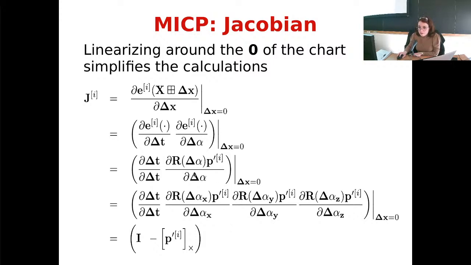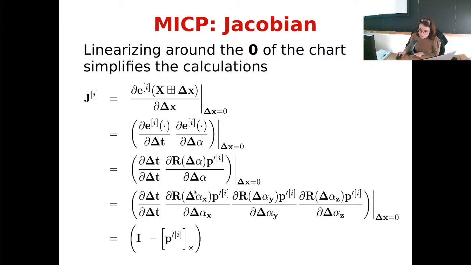This is because R delta alpha is the product of R delta alpha x, R delta alpha y, and R delta alpha z, so you can apply the usual formula for the derivative of a product, according to which the derivative of the product is the derivative of the first term times the other non-derived, plus the first term non-derived times the derivative of the other term, and so on.